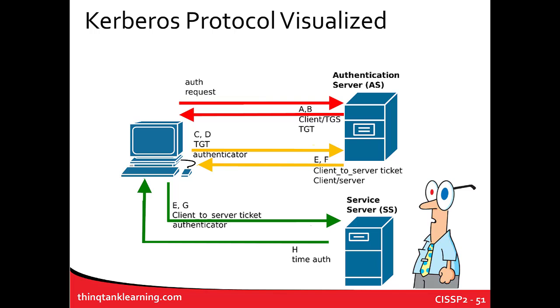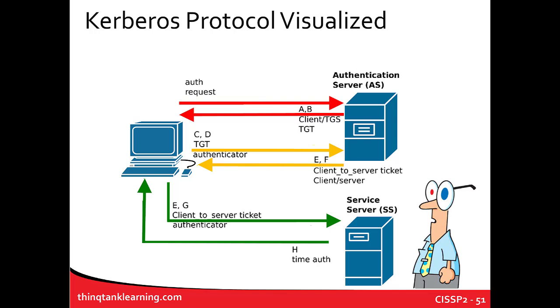Then we move over to G, which is the client then sends a message to the service server. It sends the service ticket and a new authenticator to the service server. This proves the client's identity and the client's desire to access that specific service. Finally, H, the server responds with a timestamp.